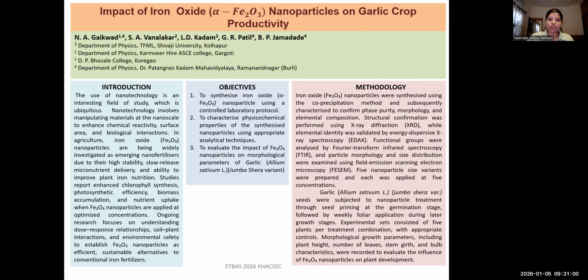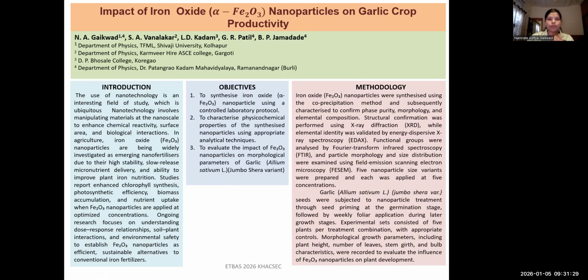The methodology that I have followed for this experiment is synthesis of nanoparticles, checking its morphology, purity, and elemental composition with the help of X-ray diffraction, FTIR, EDAX, and FESEM. Then we applied these nanoparticles onto garlic cloves.